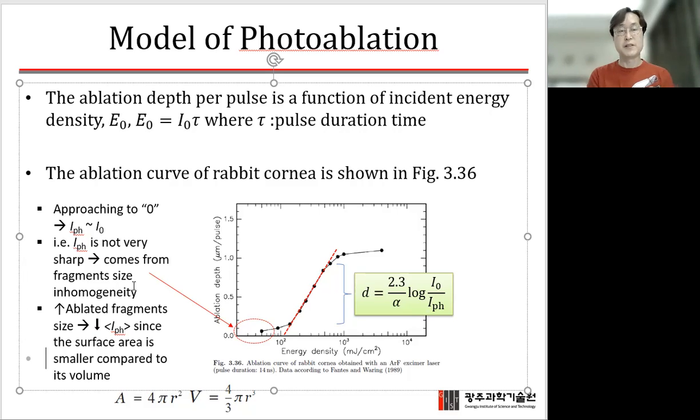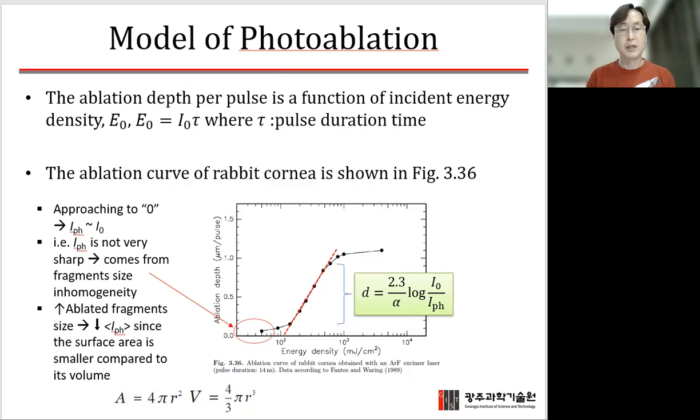Then the overall surface area is going to be larger, which can be seen from here. The area comes from 4 pi multiplied by the radius squared, but the volume is 4 over 3 pi r cubed. So when you have a smaller volume, in fact, the surface area can be increased relatively.